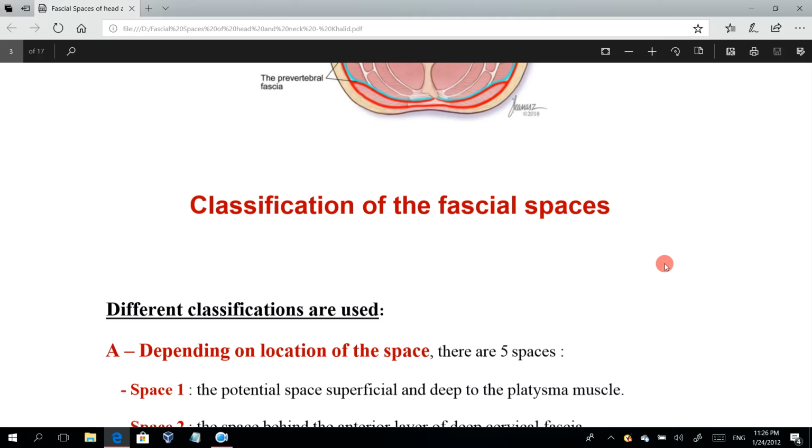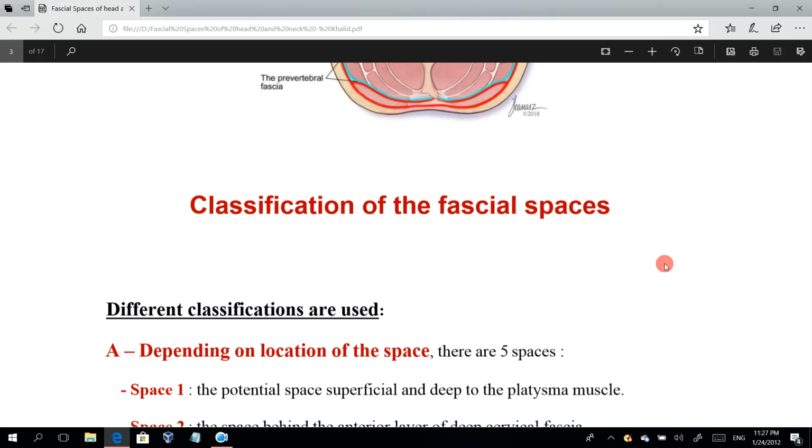There are many classifications of these fascial spaces, and different classifications are used to describe them.